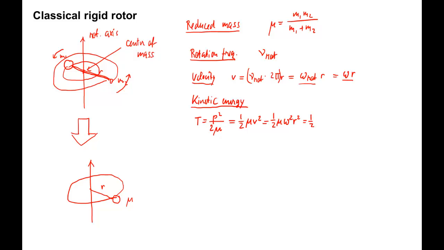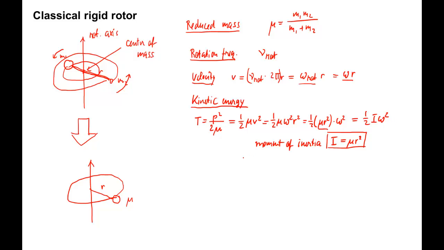Now if we collect the constants mu and r, this becomes 1/2 mu r squared times omega squared. This product, mu r squared, is called the moment of inertia, and denoted by uppercase I. I equals mu r squared. With this, we can write the kinetic energy as 1/2 I omega squared.